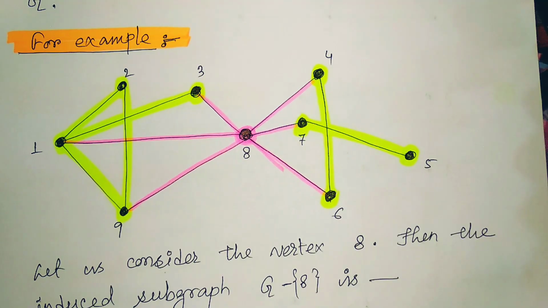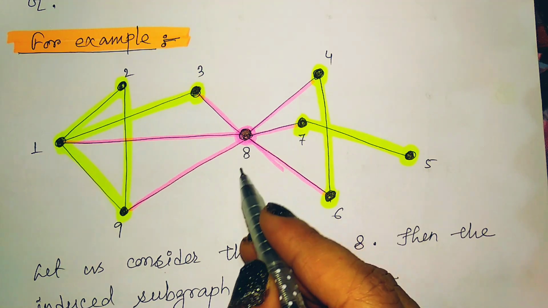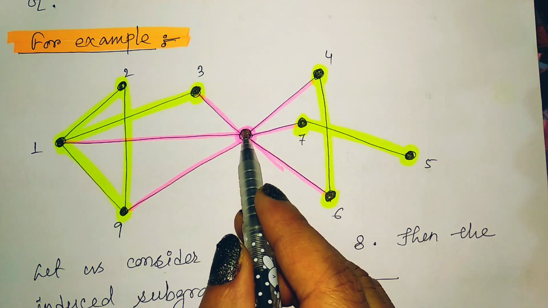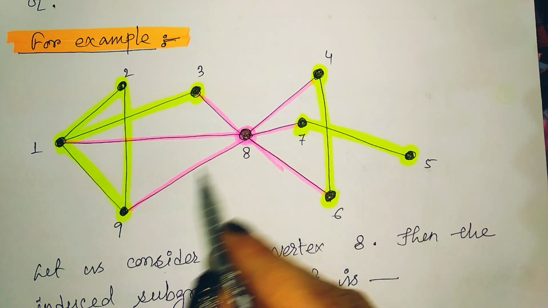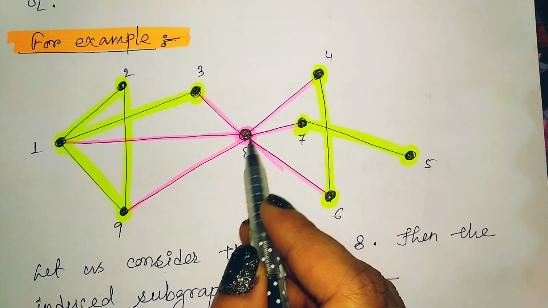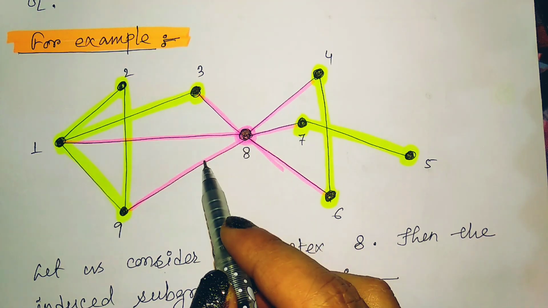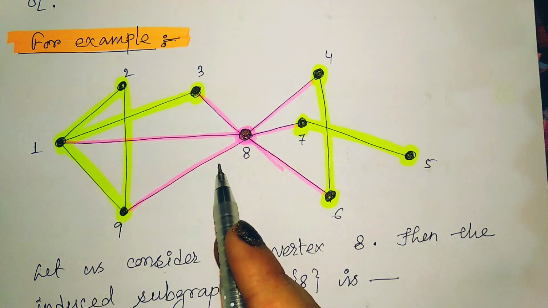Now we are going to find the induced subgraph of this given graph. How to find the induced subgraph? If we delete this particular vertex, then deletion of this vertex will also delete the edges which are incident to it.